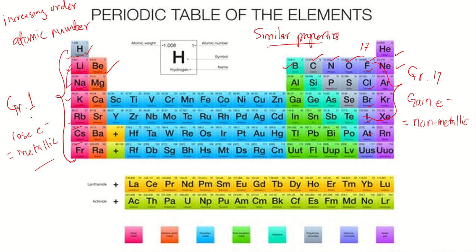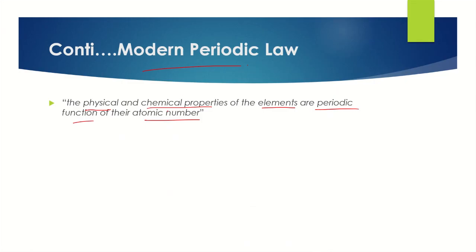The group number 1 elements, starting from hydrogen till francium, tend to show similar properties at regular intervals. When you move from left to right and then again come back to lithium, sodium, potassium, rubidium, you tend to observe similar properties. And that is due to their atomic number.